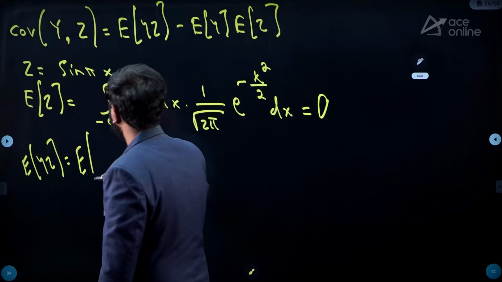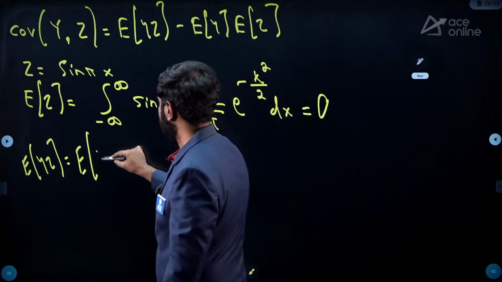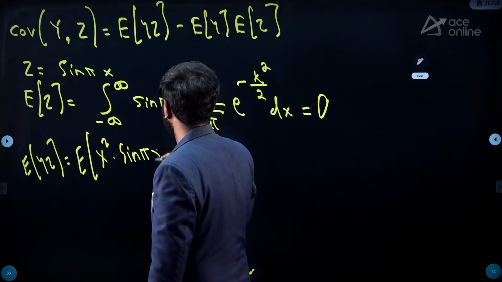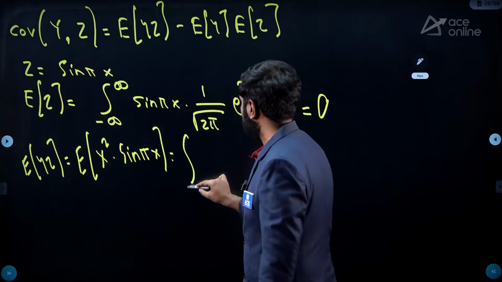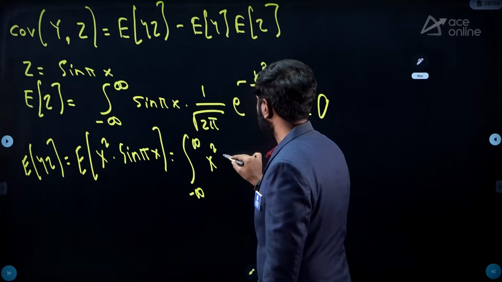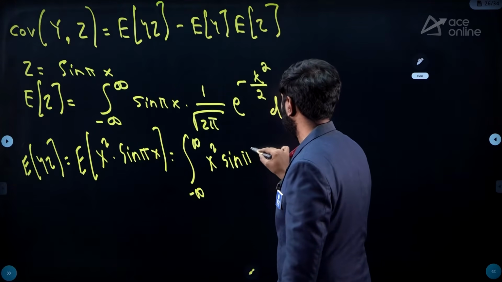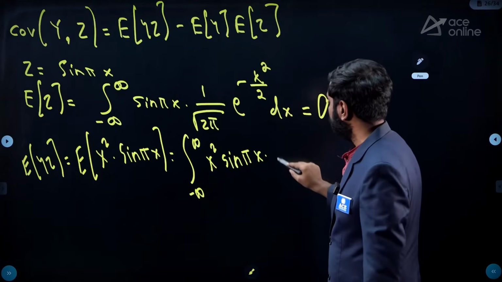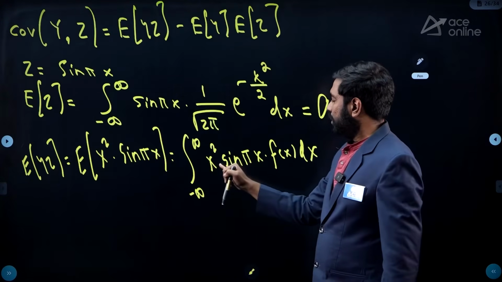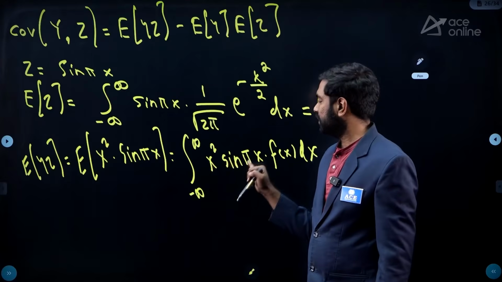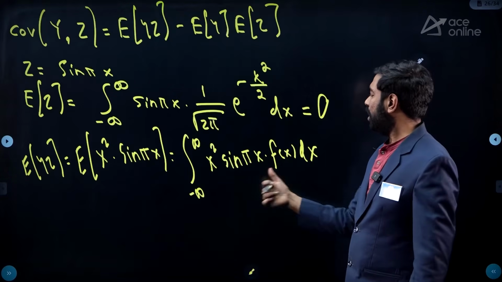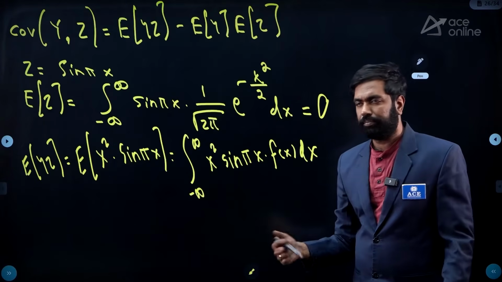What is Y in the given problem? X square into sine pi X. Come on, it is integration minus infinity to infinity X square sine pi X into the probability density function of X. X square is even, sine pi X is odd, even into odd is odd, and then this odd into even is again odd.